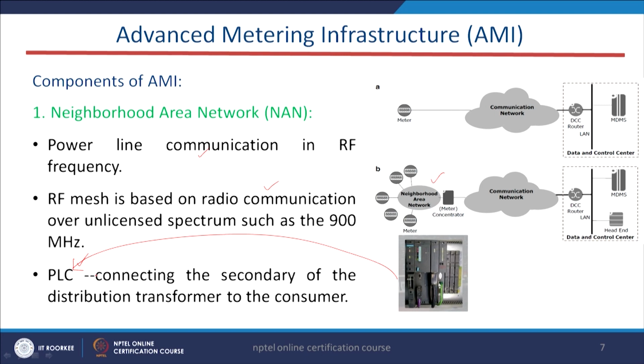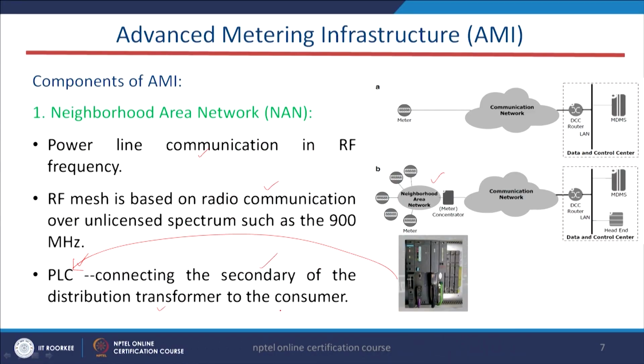Programmable logic controllers are mostly used in industries to control machinery and the operation of machines, and here also we can use the PLC concept by connecting the secondary of the distribution transformer to the consumer. So, it is a kind of wired or wireless communication system. So, this NAN helps in connecting the smart meters to the utility section through this meter concentrator and communication network.